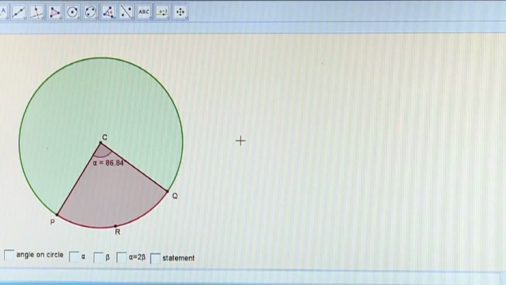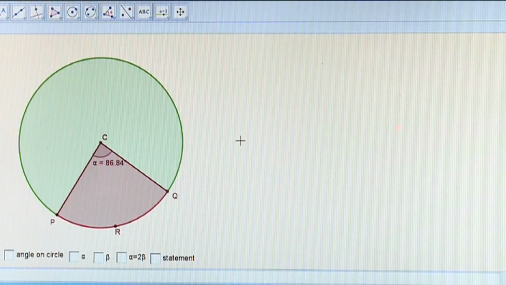Let us now find out the relation between central angle and the inscribed angle made by an arc. Here in the figure, we are seeing the central angle made by the minor arc PRQ.